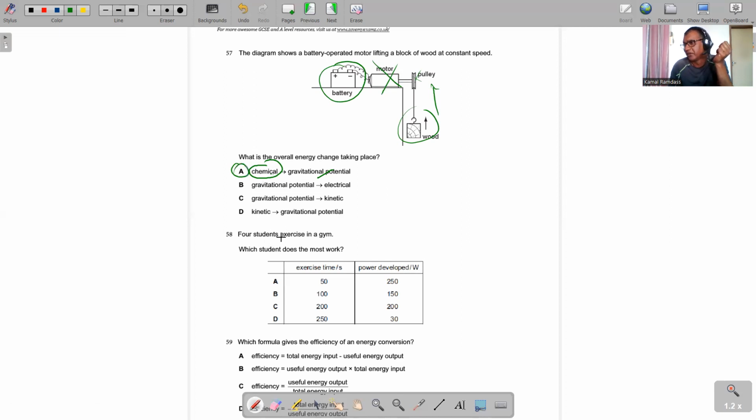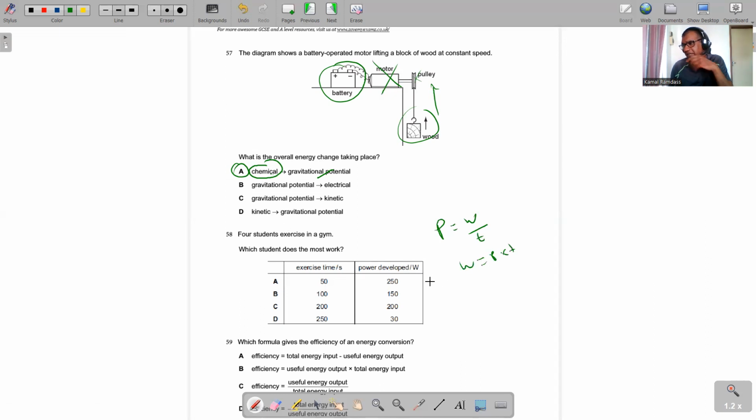For student exercise in a gym, which student does the most work? Power developed. The most work. But we take power is equal to work done over time. Work is equal to power multiplied by time.